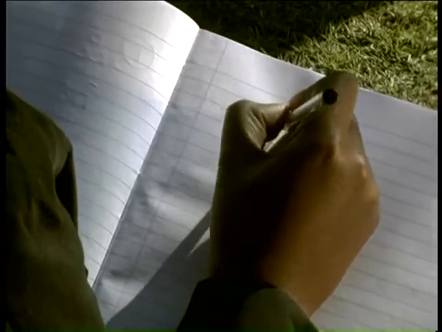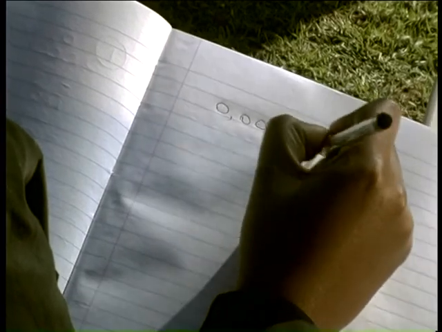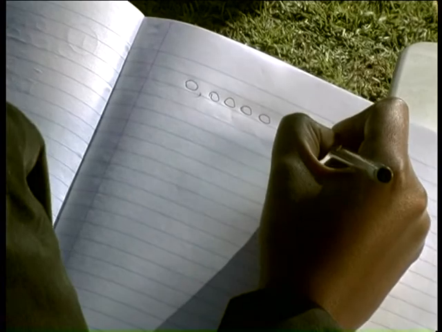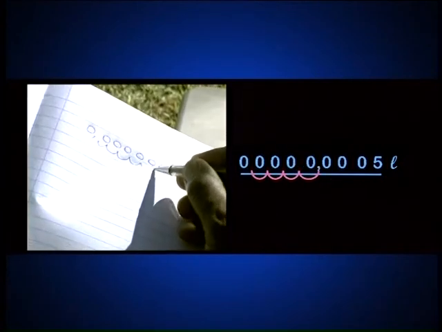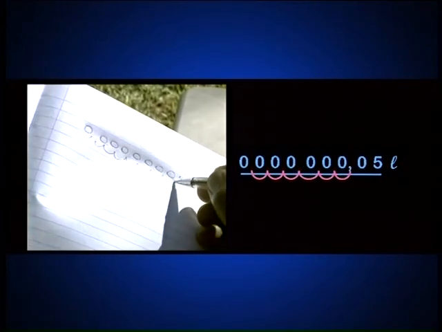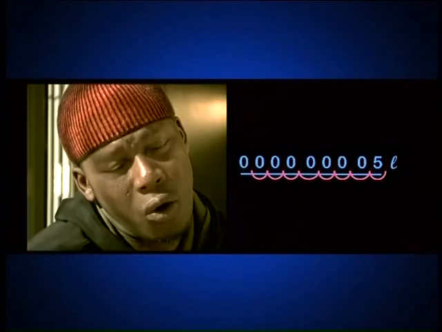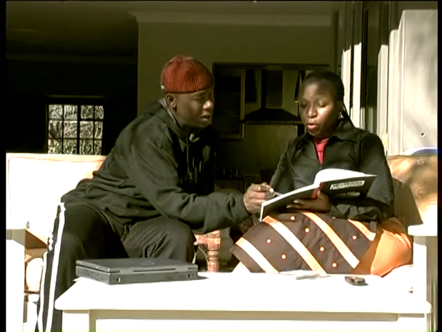So it's 0,00000005 liters. It would be nice if we could move the comma after the 5. That's 8 spaces to the right. Right.